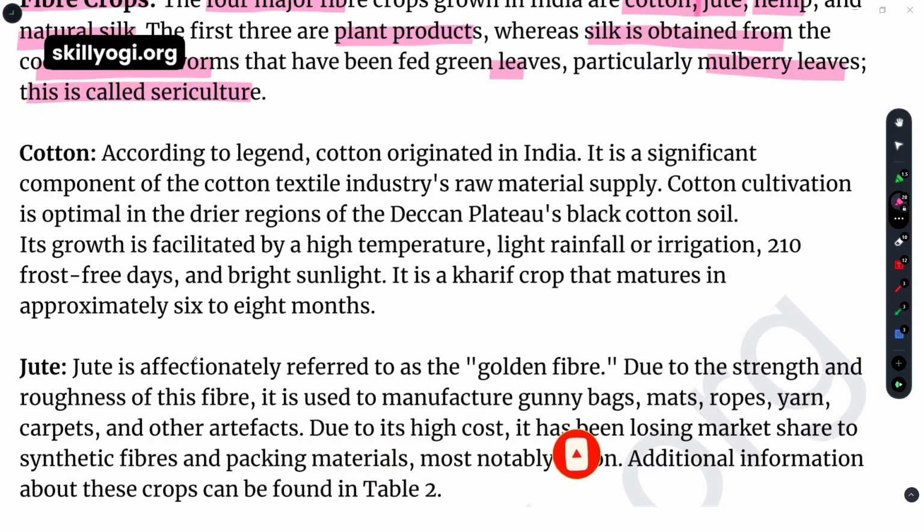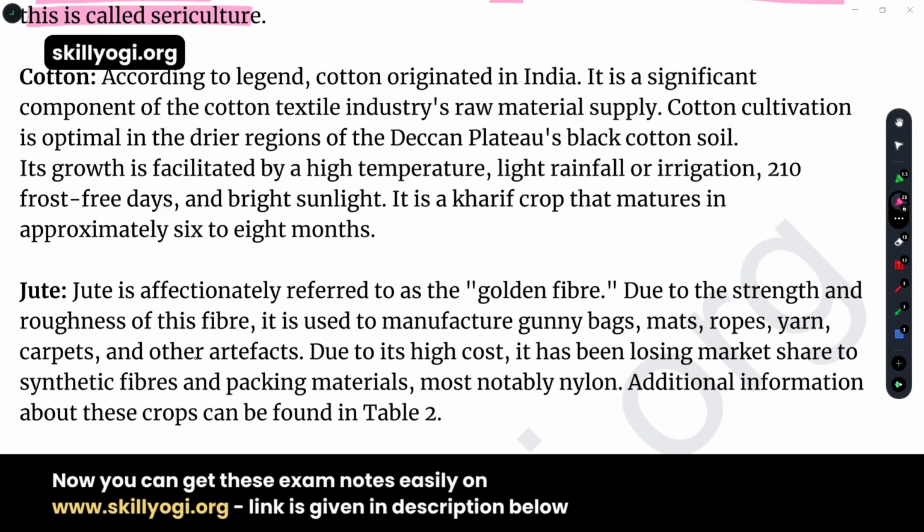Come to cotton, our first non-food crop. According to the legend, cotton originated in India first. In which places is cotton basically produced?